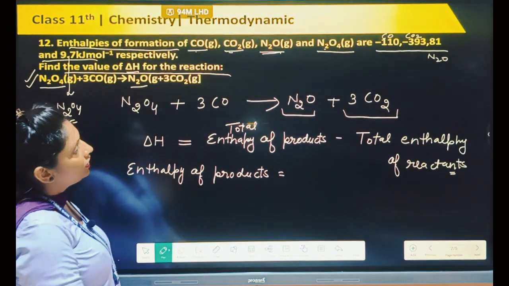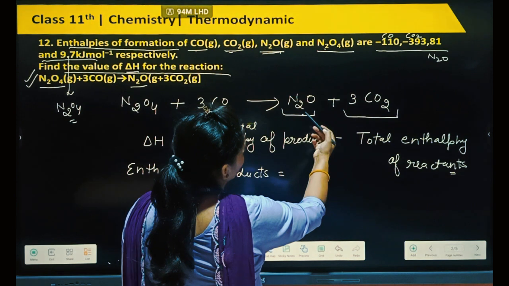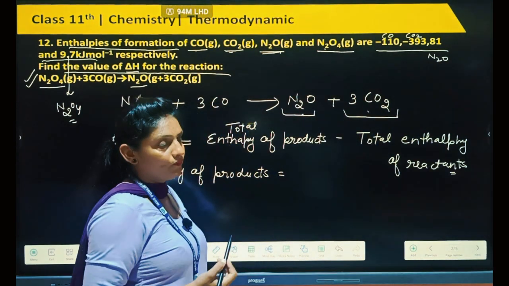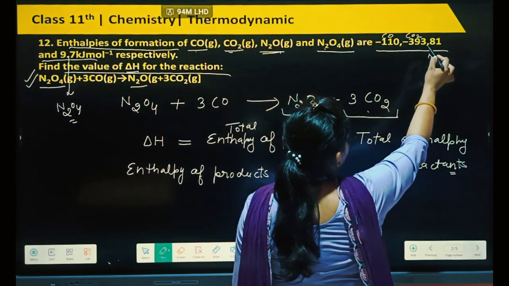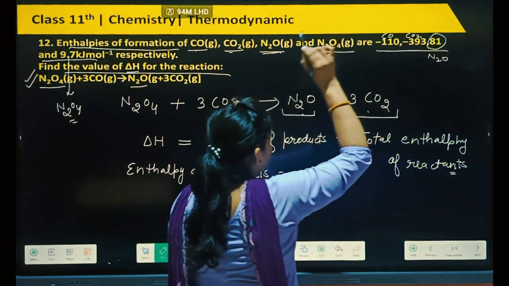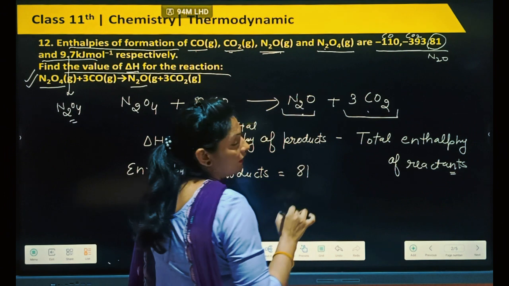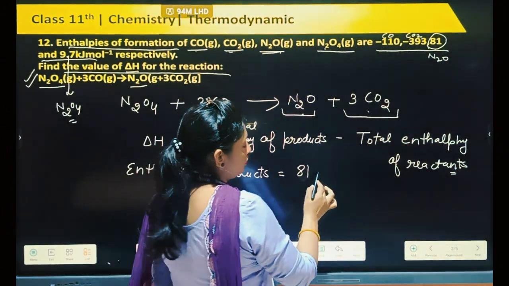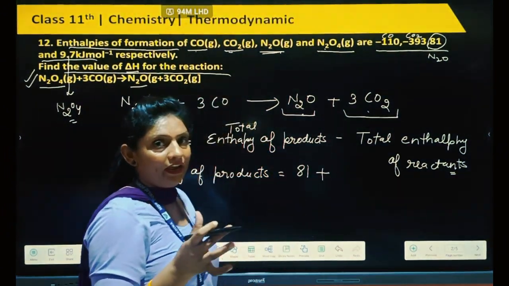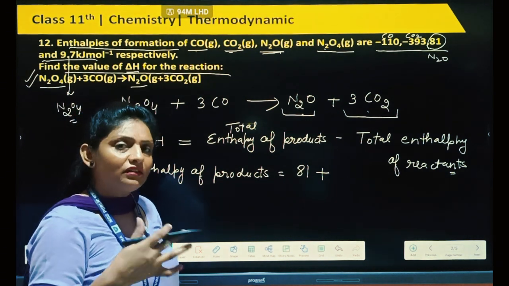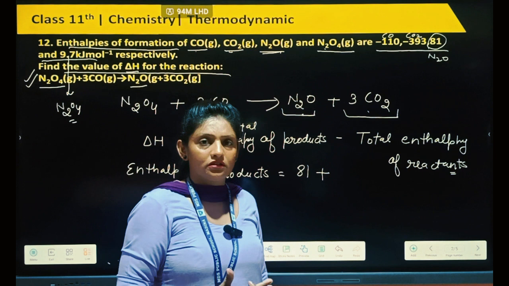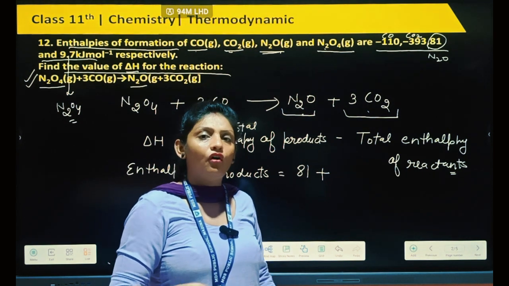So here your products are N2O and 3CO2. For N2O, what is the enthalpy? 81. When you are calculating for products, you will add the enthalpy of all products.